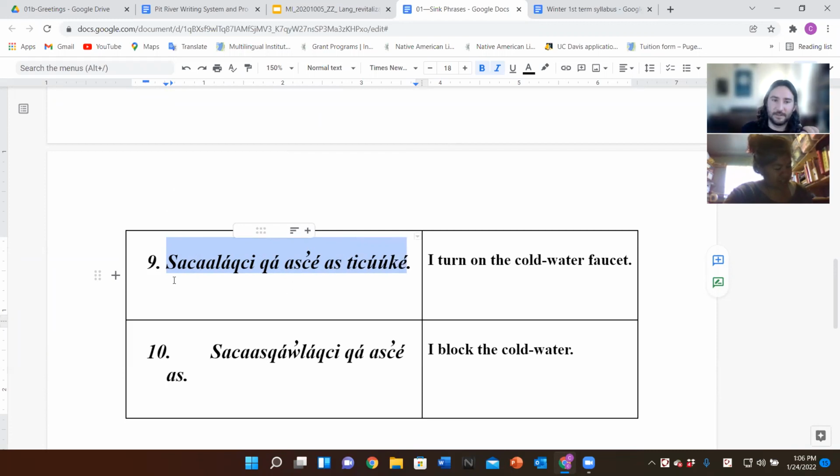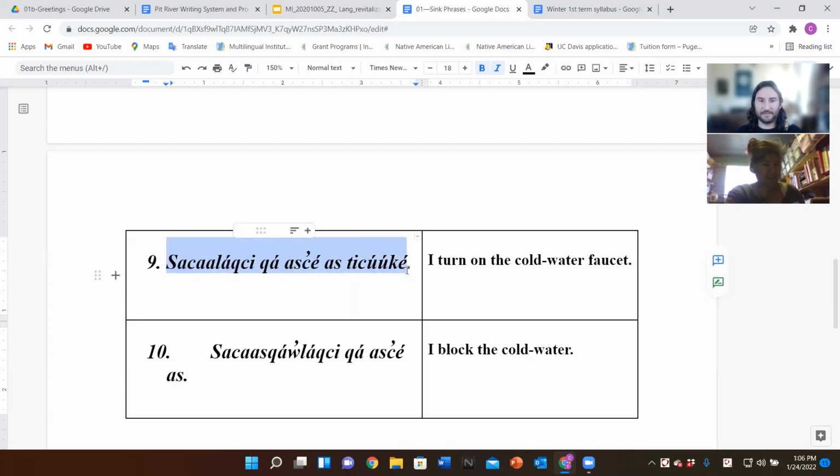So it's the same. Go ahead. Good. Saja lakji ga us. Asche, asche is one word, right? Asche. Yeah, there you go.